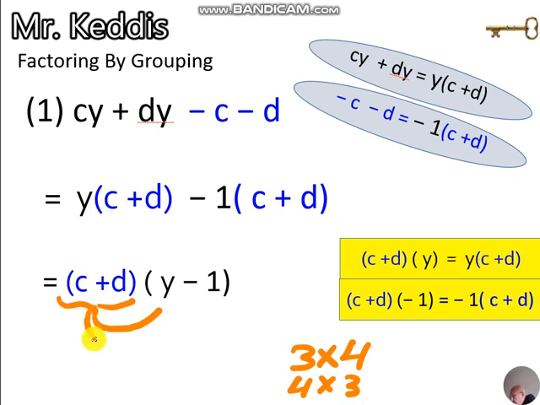C plus d times the negative 1, and I bring the negative 1 first, negative 1 times c plus d, I get the second term. And we call this property the commutative property of multiplication.